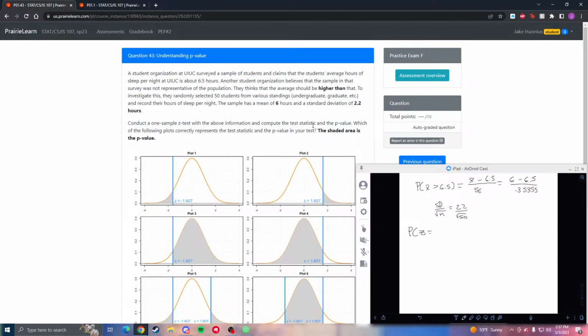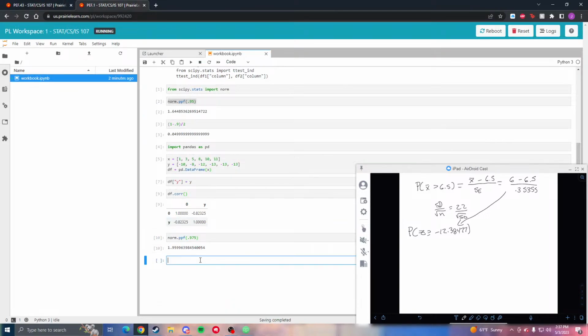So it's the probability that z is equal to or less than negative 12.38477, which comes from doing this calculation right here. And then we can just do norm.cdf of that.